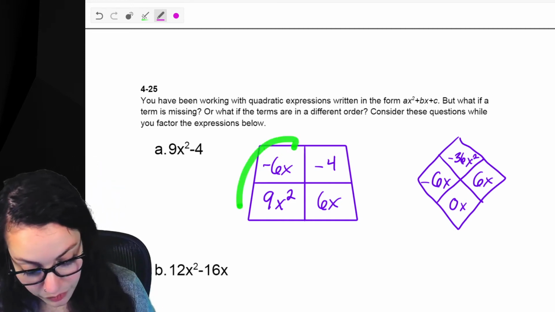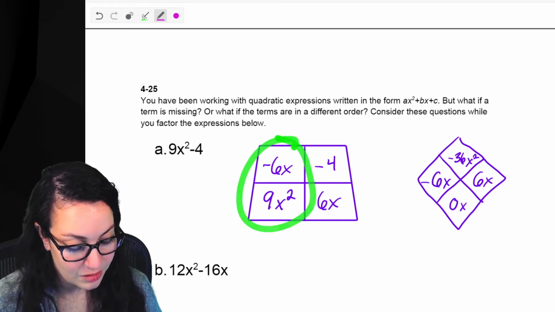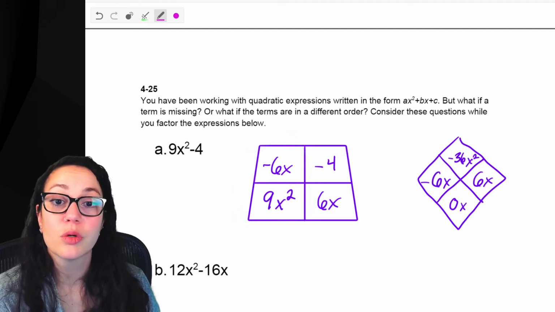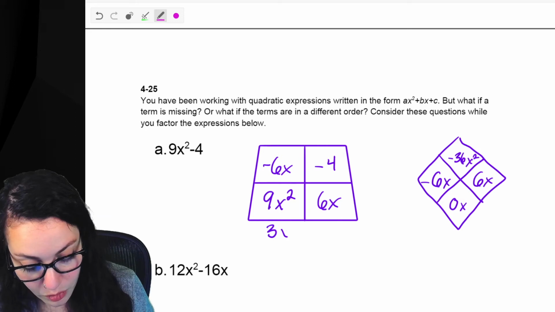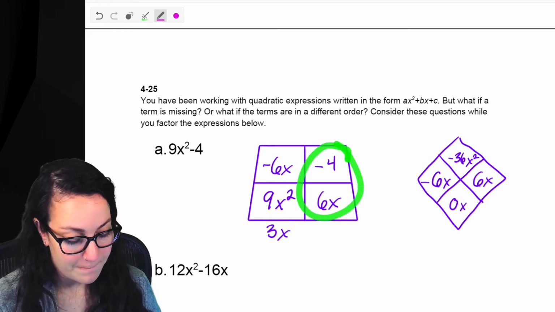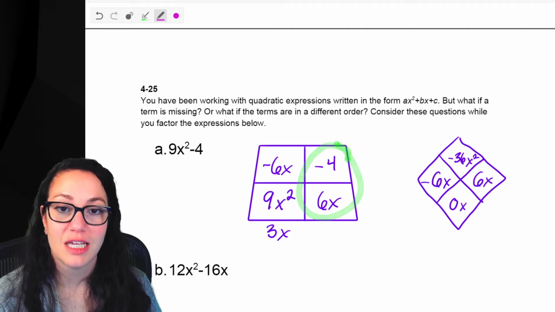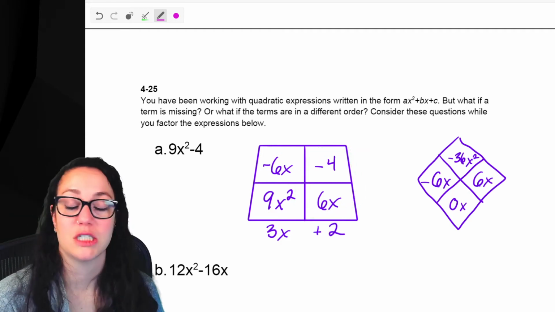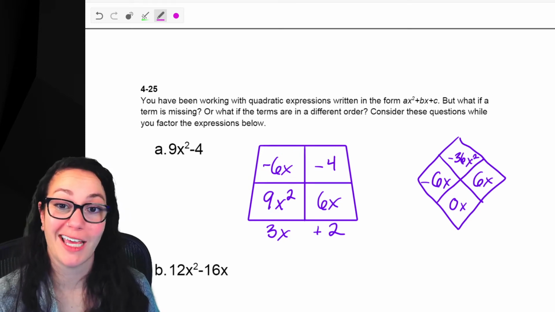So 9x squared and negative 6x, the greatest common factor there is 3x. I'm going to write that below. Move to the right. This column, my greatest common factor is 2. 6 and 4 are both even, and that's pretty much all they have in common at that point.